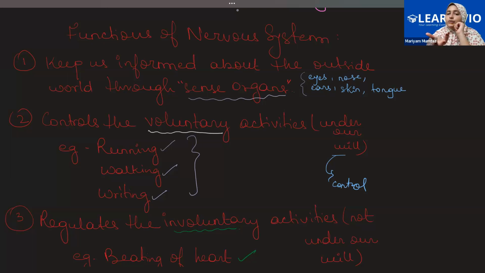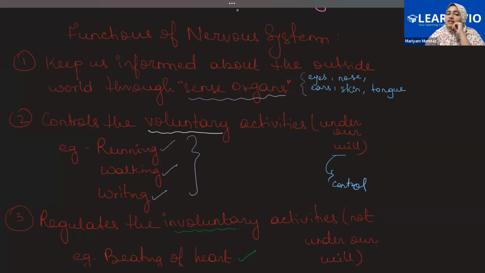Those activities that you can do by your own wish or will, that are under your control, are what we call voluntary activity, such as running, walking, writing, talking. All of these are voluntary activities, meaning we can do them whenever we want to.